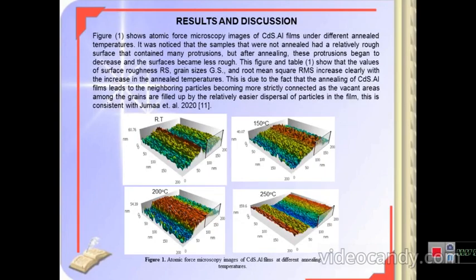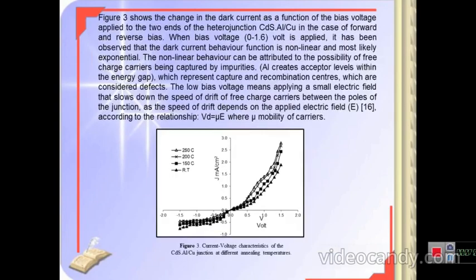Figure 3 shows the change in the current as a function of the bias voltage applied to the two ends of the heterojunction CdS:Al on copper.